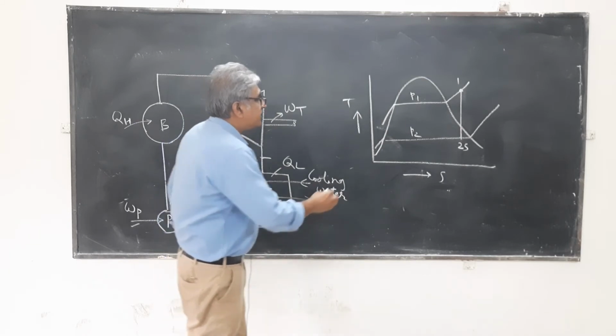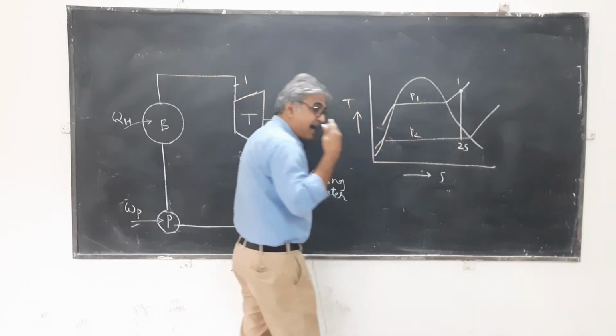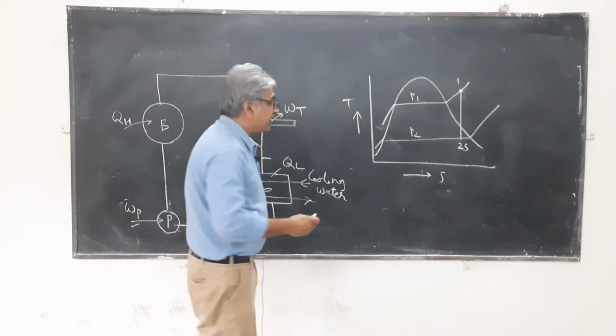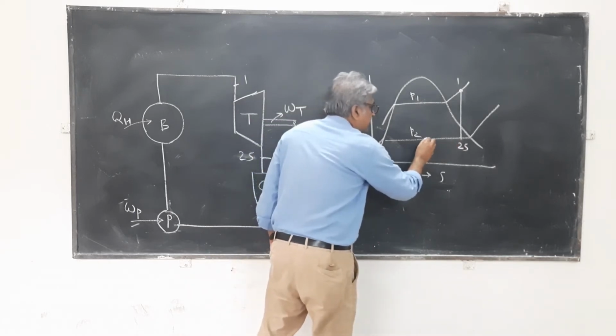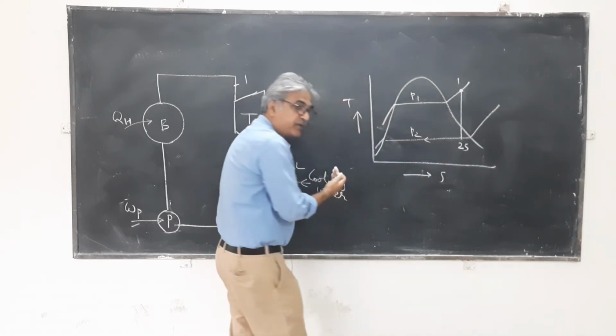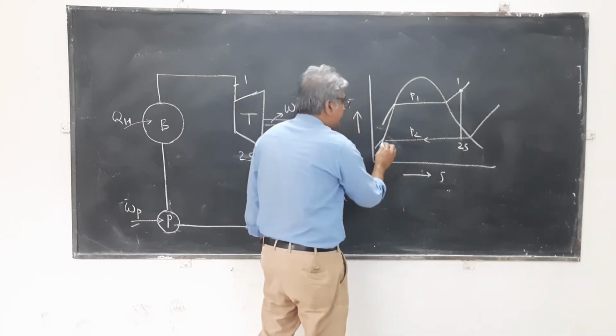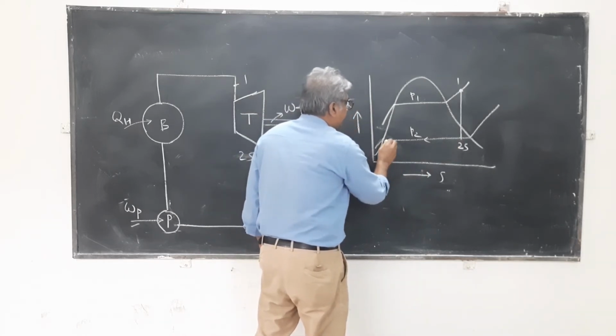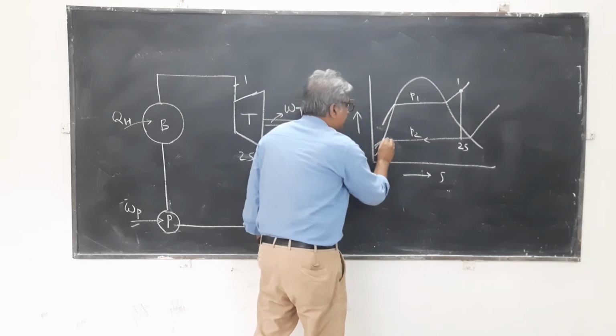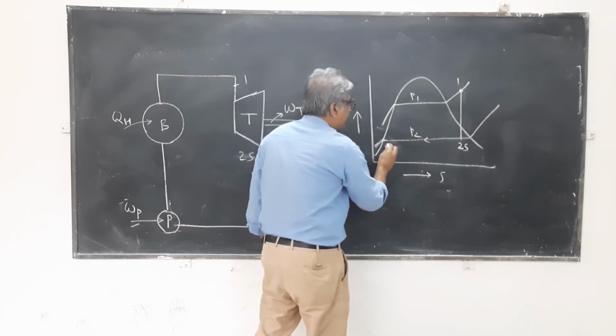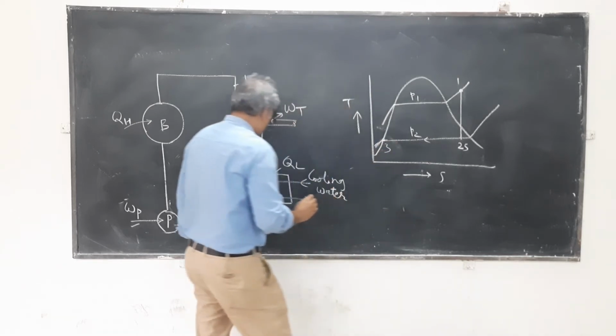So, heat is rejected at constant pressure and reversibly. Since heat is rejected, the entropy of the vapor will decrease, and let us say that it becomes saturated liquid. So, this is point 3.